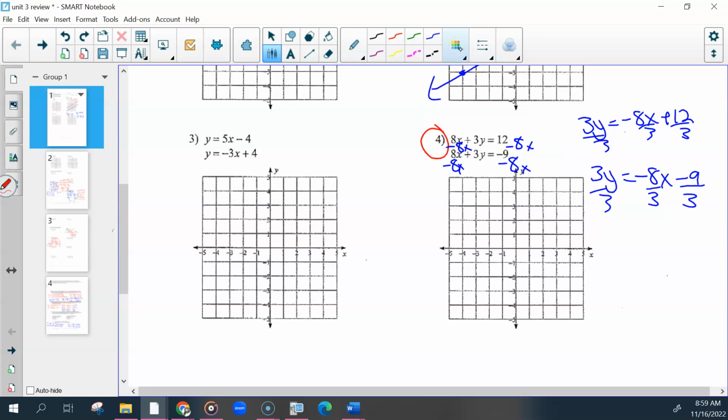We have y equals negative 8 over 3x plus 4, and y equals negative 8 over 3x minus 3. Looking at the slopes, they're the same. The constants or the y-intercepts are different, so this is going to be another no solution case.